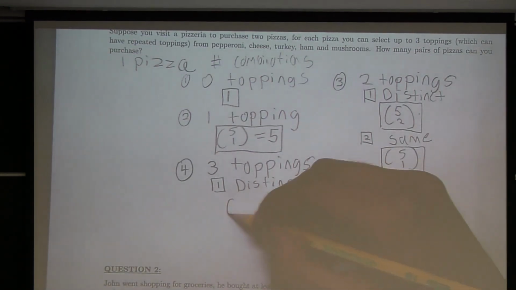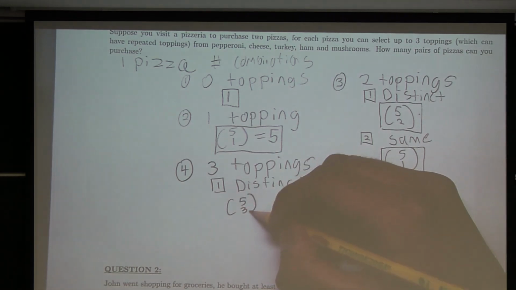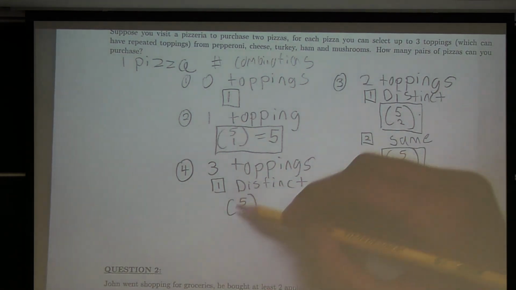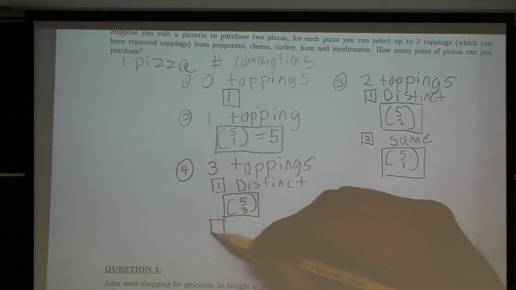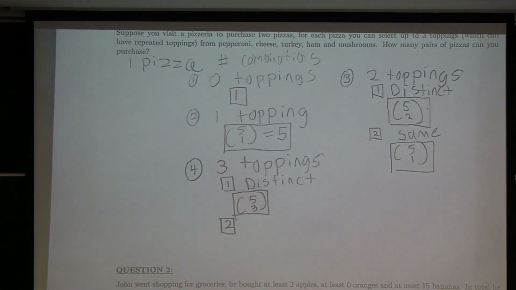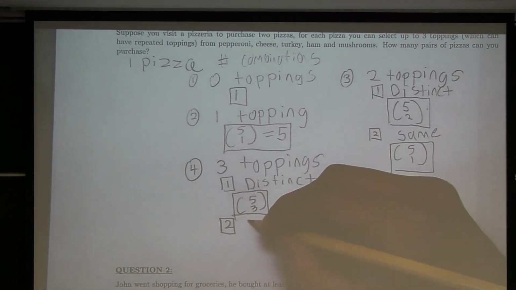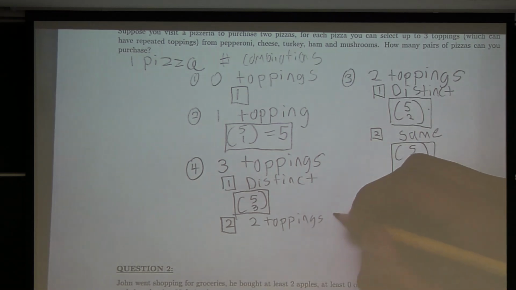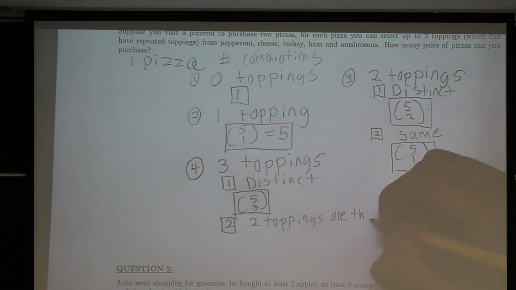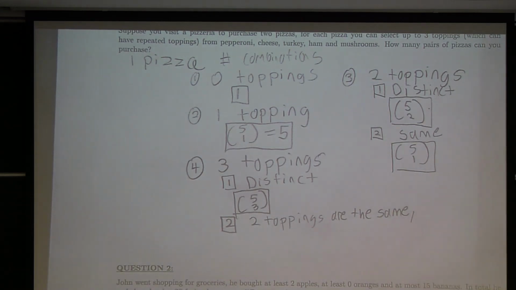So in total, 5 choose 3 toppings. Now, the second case would be 2 toppings are the same, and 1 topping differs.